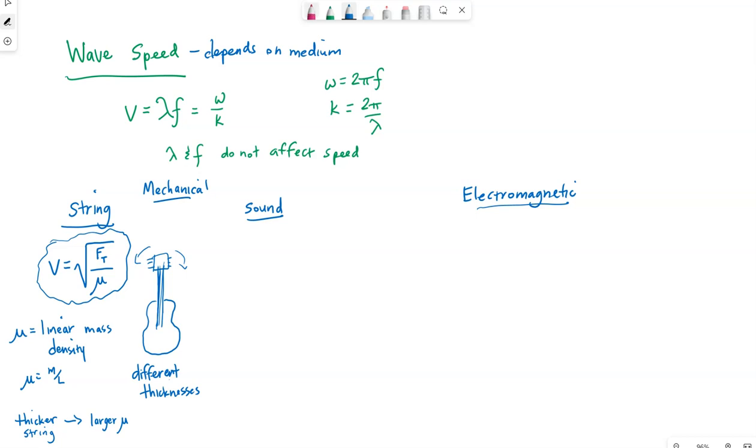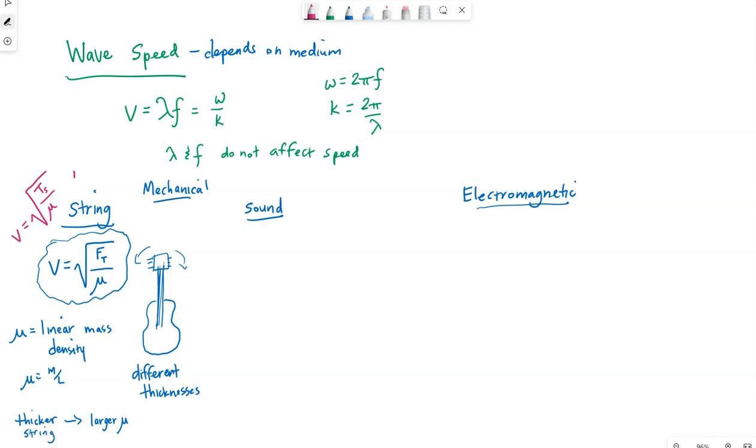Our author does not write the force of tension as F sub T, but writes it as capital T. Tension in the string, if you remember from previous semesters, we used capital T to represent tension. I'm a little hesitant to write capital T because we've been using that for period.